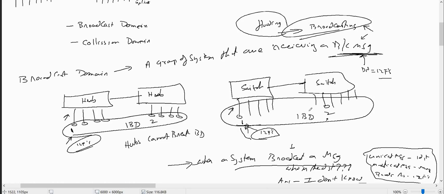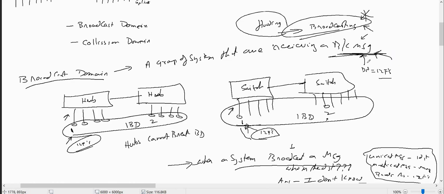So the key here is this. Your broadcast domain is not based on flooding. It's not based on that. The broadcast domain definition is based on the broadcast message. Okay? Got it, Kalyan.